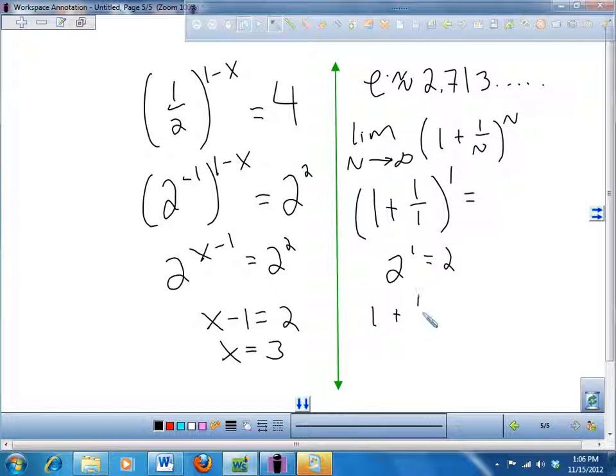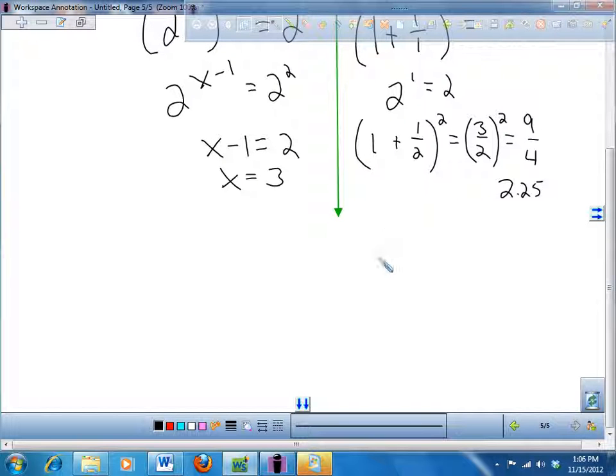So I go 1 plus 1/2 raised to the 2. What's 1 plus 1/2 in terms of a fraction? 3/2, which is squared, which is 9/4, which is 2.25, right? And then if I keep going with this, 1 plus 1 over 3 raised to the 3, right?